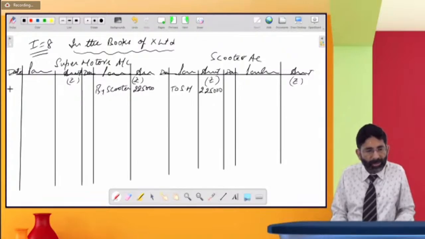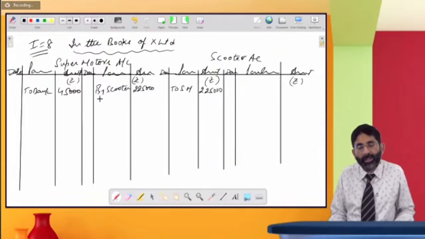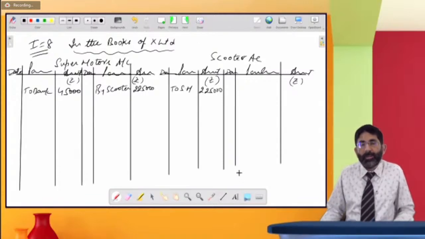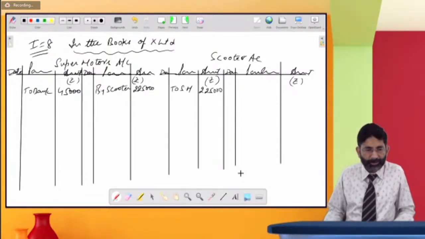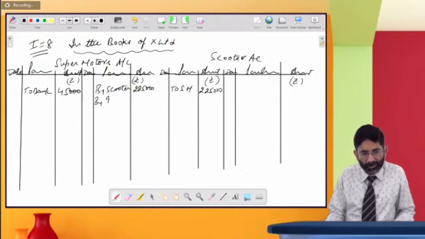Then down payment is made to bank. 45,000 is the down payment. Then we have to calculate interest also. According to my assumption, it is clear to everyone that in this case 60,000 is the annual installment plus interest. So how to get the interest?